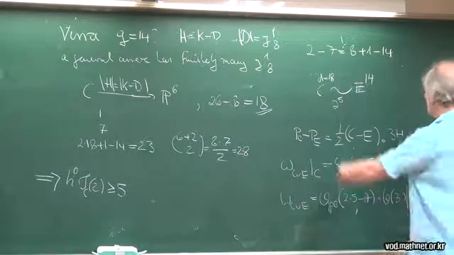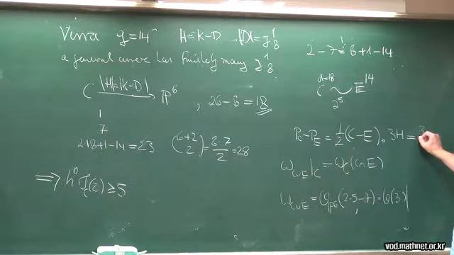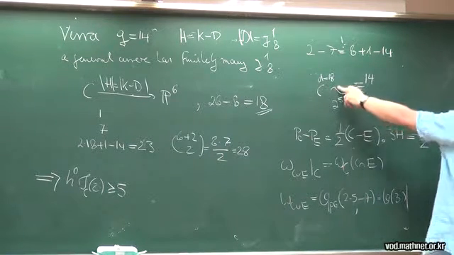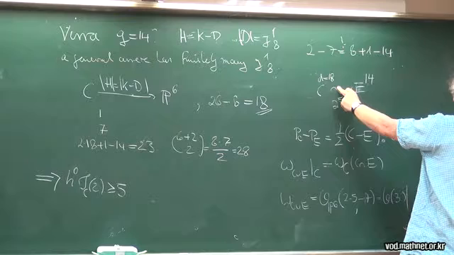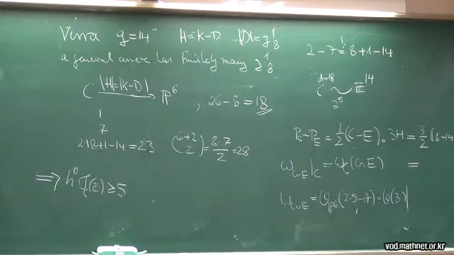So, and I can now compute the intersection numbers. So this is 3/2, and the degree 18 minus 14, which is, is this really 3? Yes.